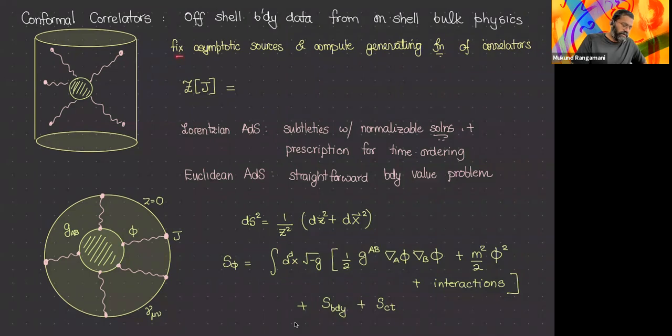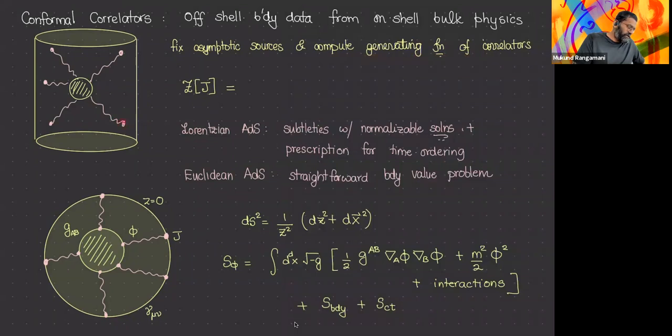So indeed, as I said, what we're going to do is fix asymptotic sources. We're going to see that our fields will have two solutions, one which will be normalizable and one which won't. We'll freeze the non-normalizable part as the source, as the thing that turns on and off an operator in the boundary. And then we'll compute a generating function of correlators as a functional of these sources.